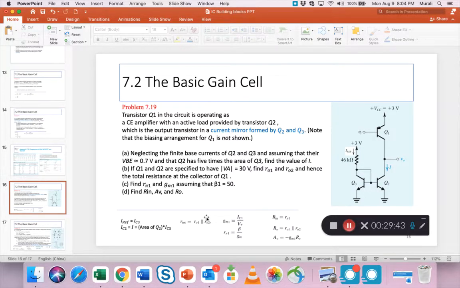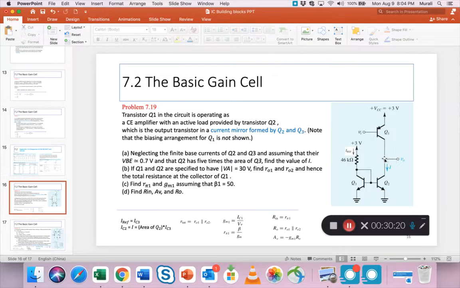Then another important thing to notice is the total output resistance, which is what is expected here in part B. Q1 and Q2, we are given the early voltage as 30 volts. Find RO1 and RO2 here and here, which is what this output voltage is looking into, the parallel combination of RO1 and RO2, and he calls that the total resistance at the collector of Q1.